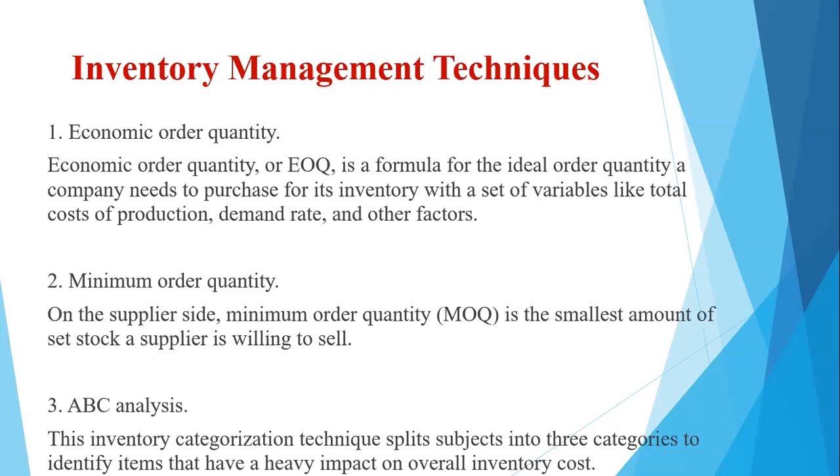So this is again one of the techniques where the inventory is managed. You will have different standard operating procedures for managing the inventory with respect to category A, category B, and category C.